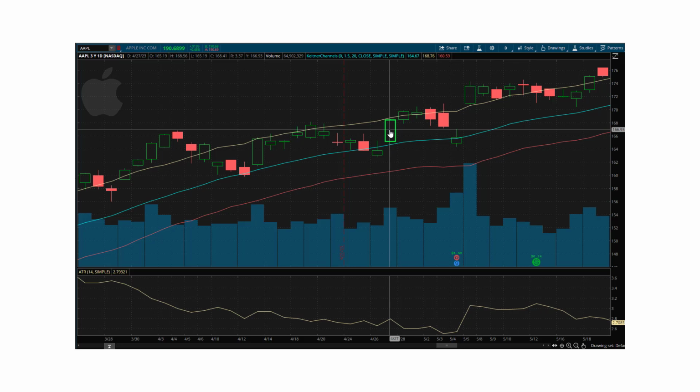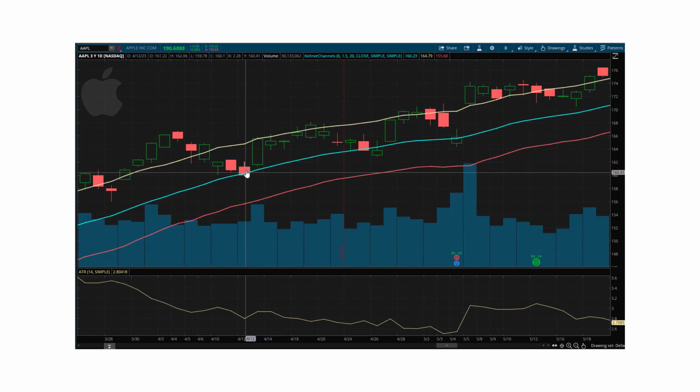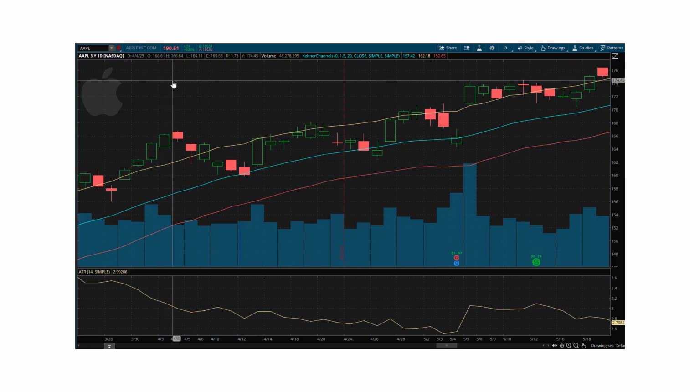There's one important thing to be aware of, is that for any given price candle, as it's unfolding, in other words, in the middle of the day when the price is still moving on any given candle, this blue bar, this blue line, is also moving. And so you don't know exactly where that blue line is going to be at the end of the day. There are at least a couple of ways to handle that.